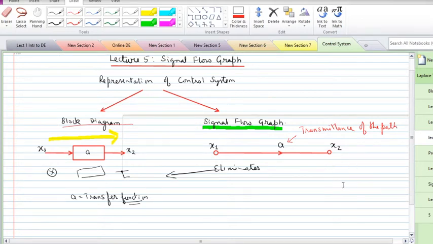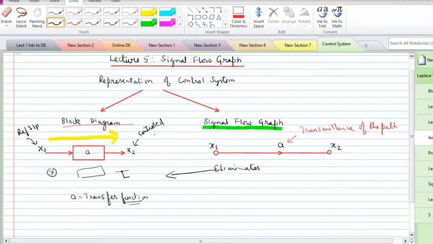Now in this case, this input is known as reference input and this output is known as controlled output. Whereas in this signal flow graph, this x1 is your input node and this x2 is your output node.